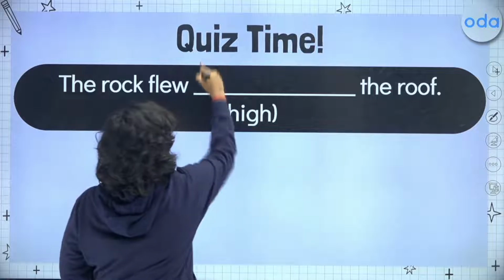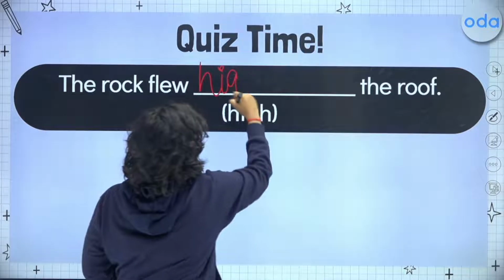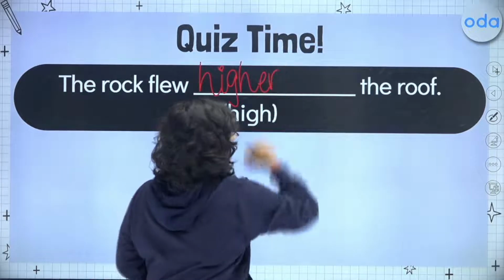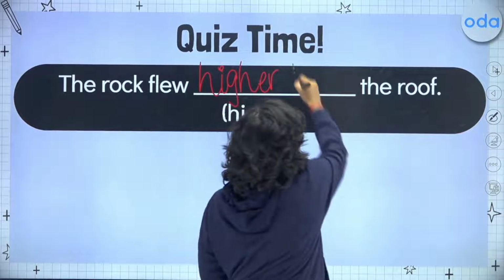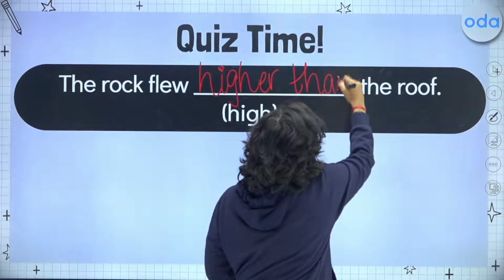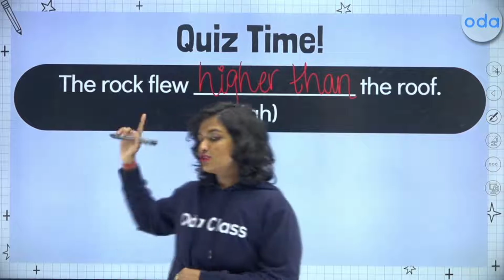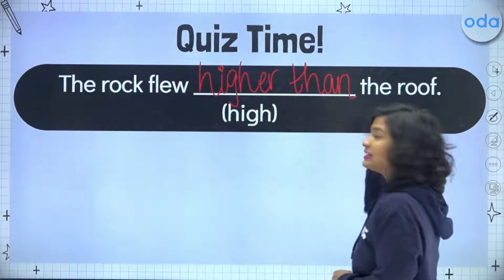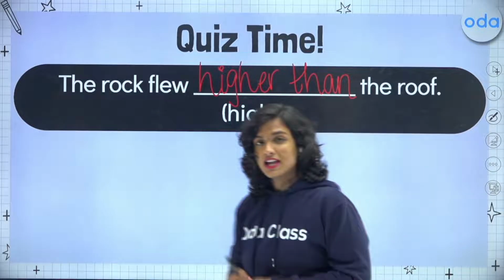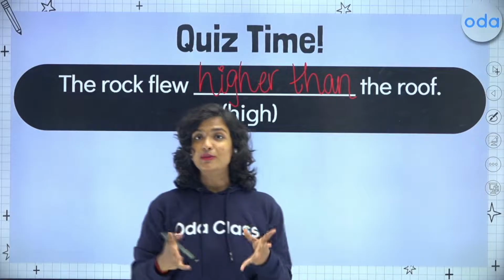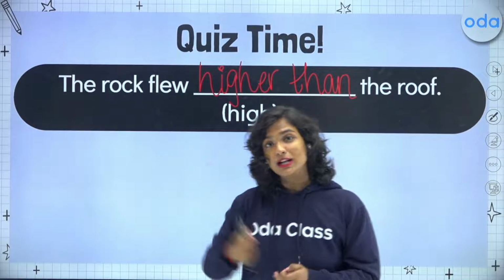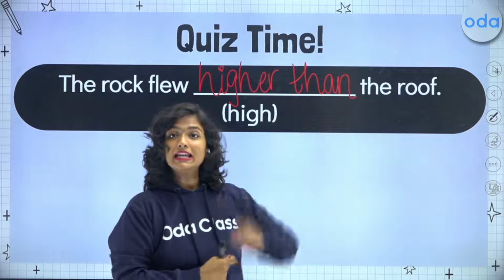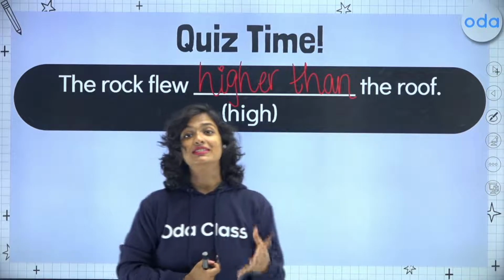So let's use our comparative adjective higher, and we will use our comparative keyword, which is than. The rock flew higher than the roof. So students, for comparatives, remember, we have to always use the comparative adjective followed by the comparative keyword, which is than.